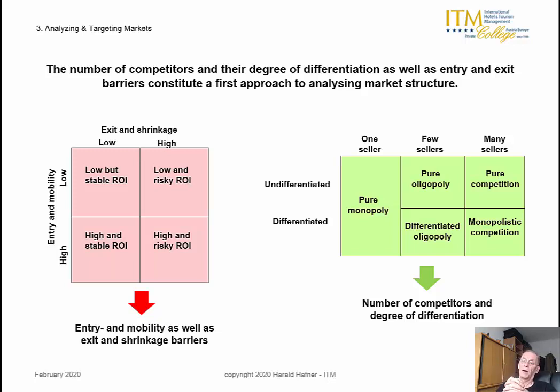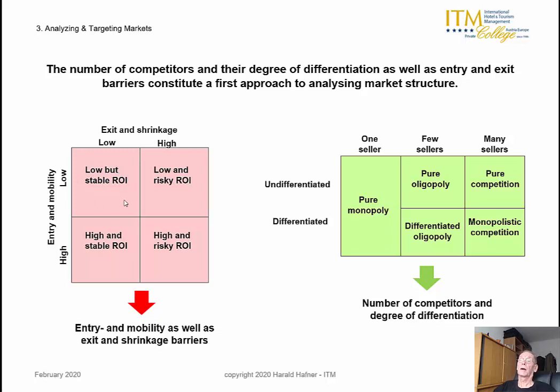As such, we can name the example of a travel agent. It doesn't take a high degree of investment or any other entry requirements to get into the market. And it's also very easy to get out of the market again because your capital requirements aren't high, and therefore we talk about low but stable ROIs.